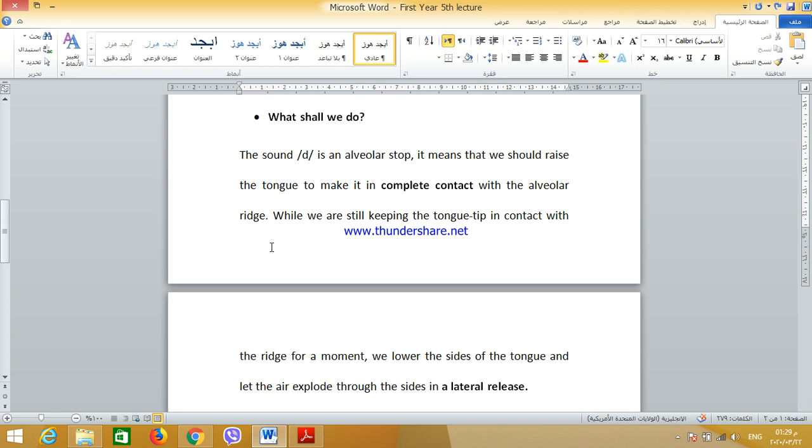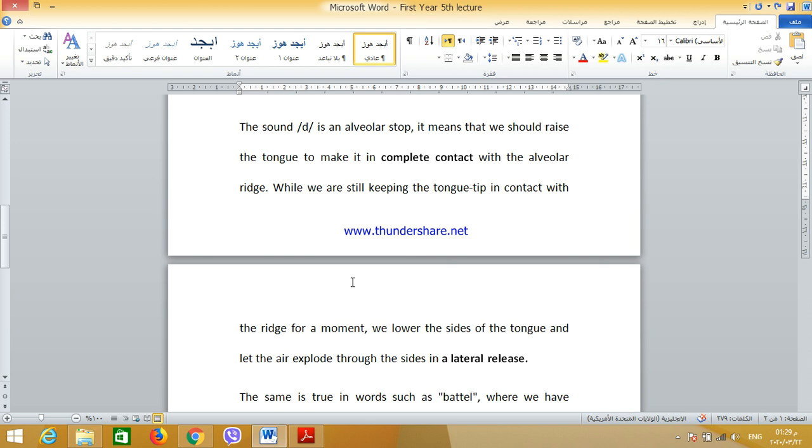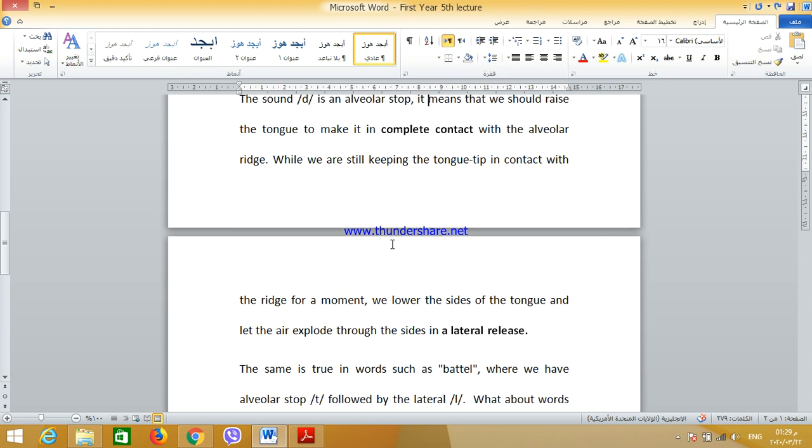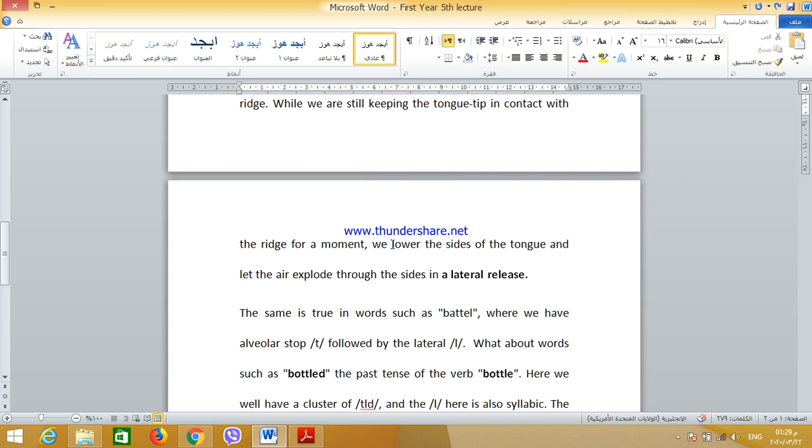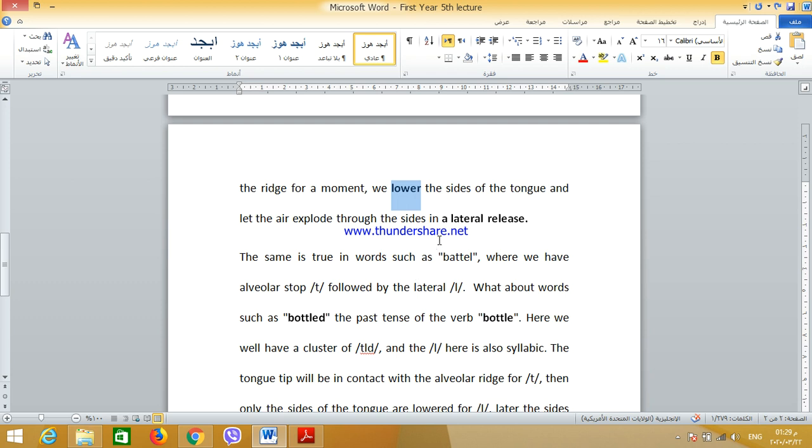So this is necessary for d. Try it and keep the tongue in complete contact with the alveolar ridge. Now, while we are still keeping the tongue tip in contact with the ridge for a moment, what do we do? We only lower the sides of the tongue and let the air explode through the sides in a lateral release.